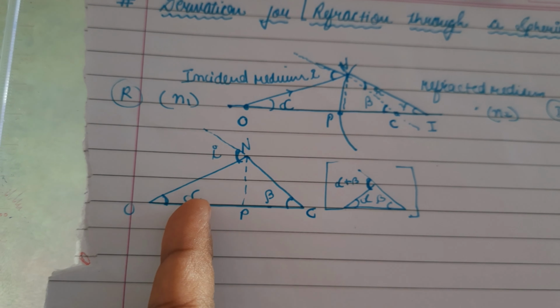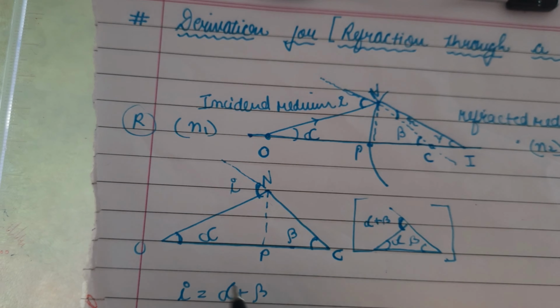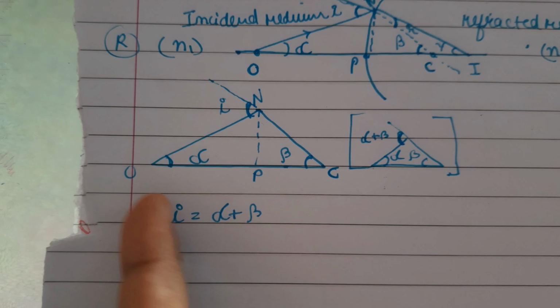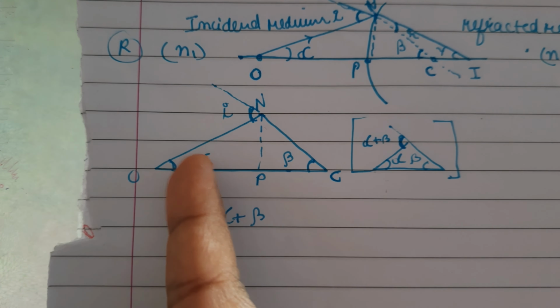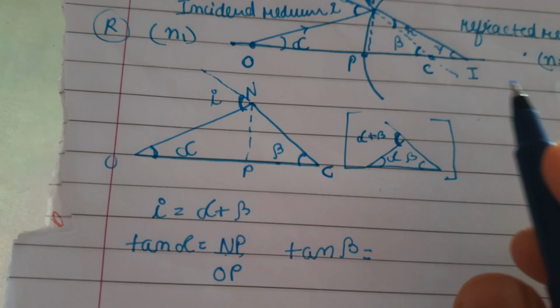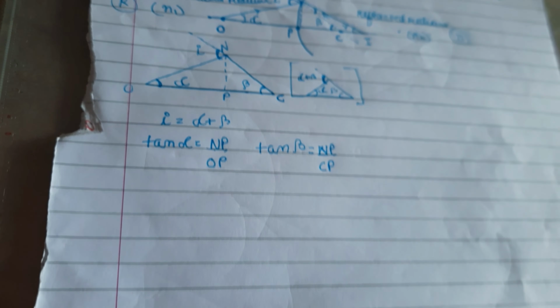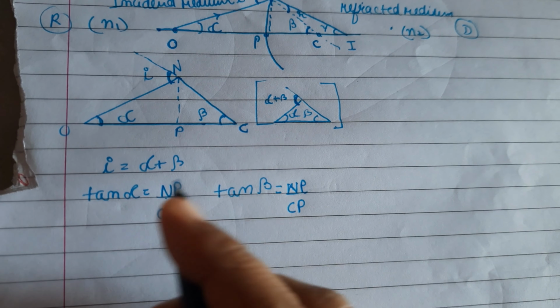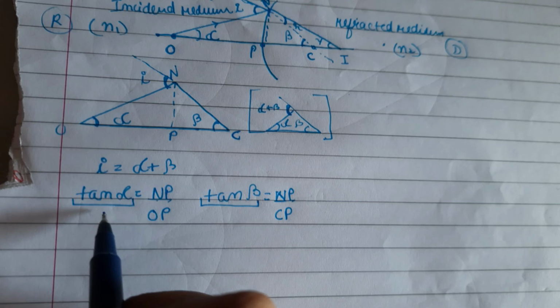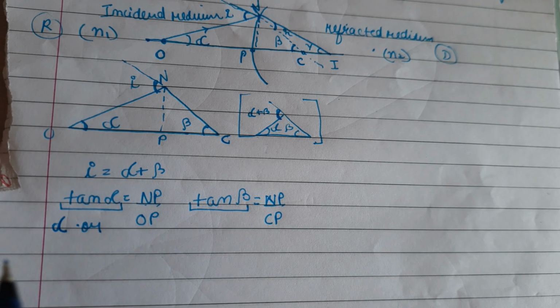So from that relation here also we can write that i is equal to alpha plus beta. Now what is alpha plus beta? If we find tan alpha, tan alpha equals NP by OP, and if we find tan beta, that is NP by PC or CP, so it will be NP by CP. Correct? After that, we know that if theta is small, we can write tan alpha as alpha only, or sine alpha, or only alpha.